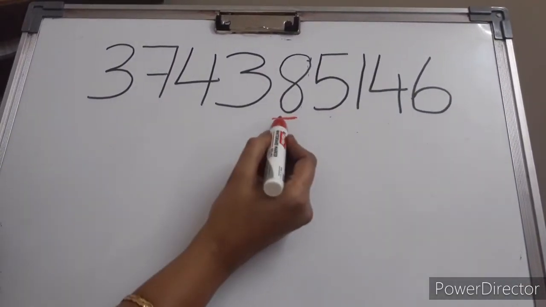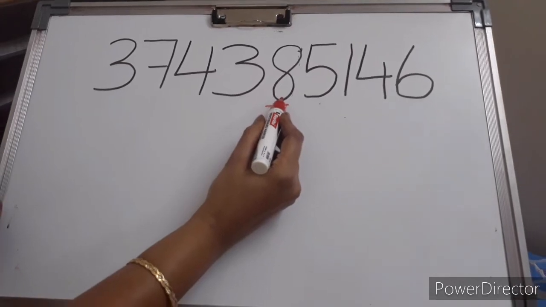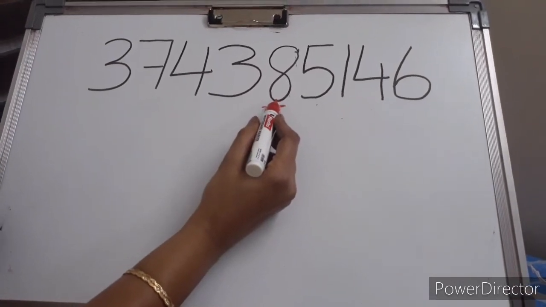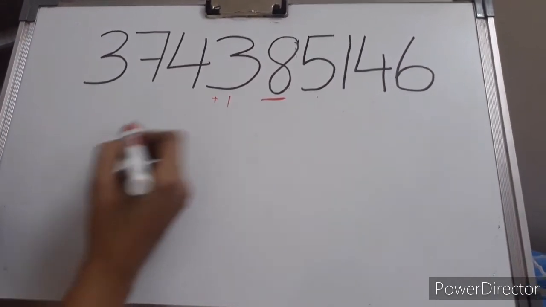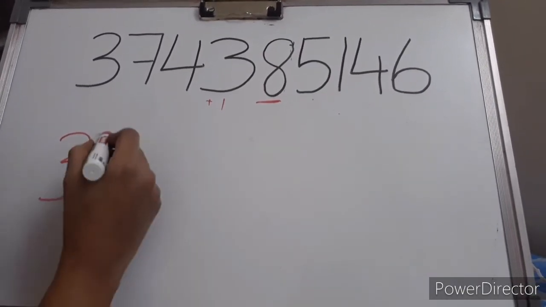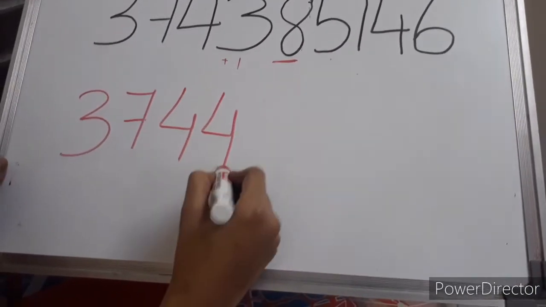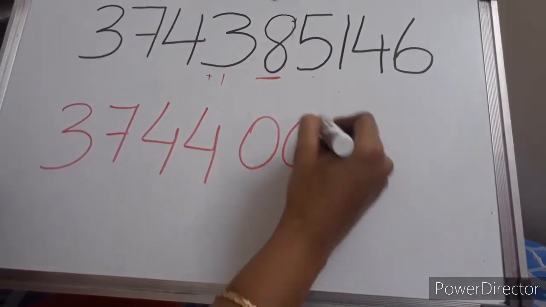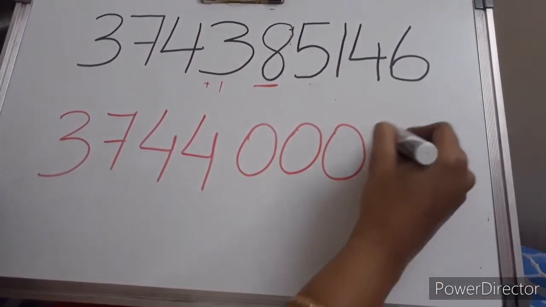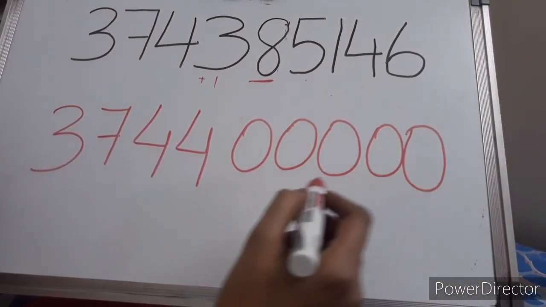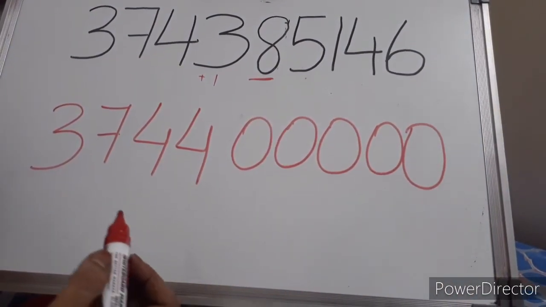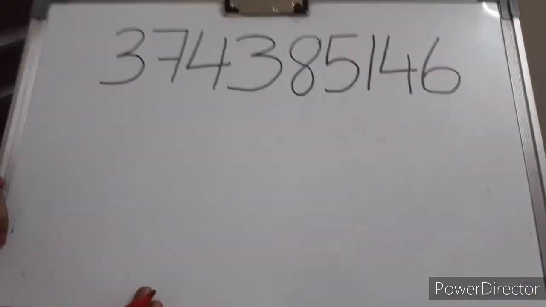So 10,000 place means 8. 8 is greater than 5. So we have to just add 1 to the nearer number. Number is 3, 7, 4, 4 and subsequent zeros which we have to add to round off to lakhs place.